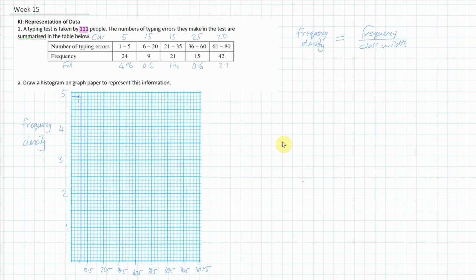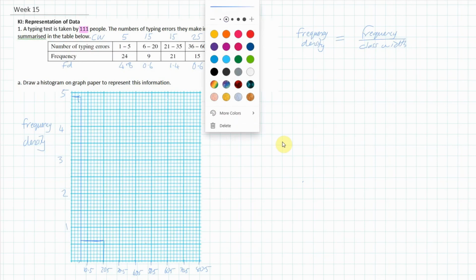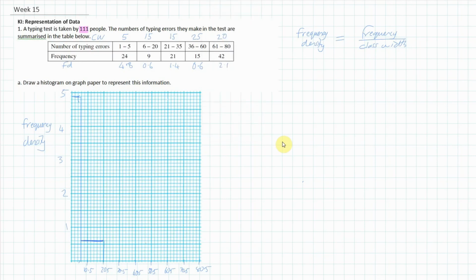Now the next one has a frequency density of 0.6, and it finishes at 20.5. So 0.6 would be here. This one is a bit easier, so we've got a thicker bar there, and that goes down there. The next one goes from 20.5 to 35.5, and we've got 1.4 there.